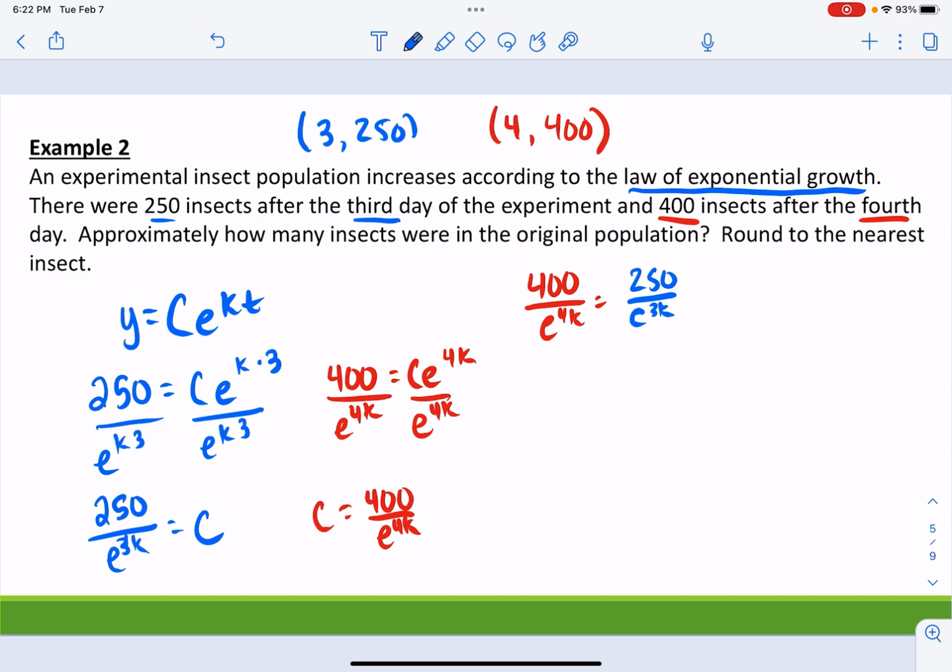How did I solve this? I cross-multiplied. So 400 e to the 3k is equal to 250 e to the 4k.